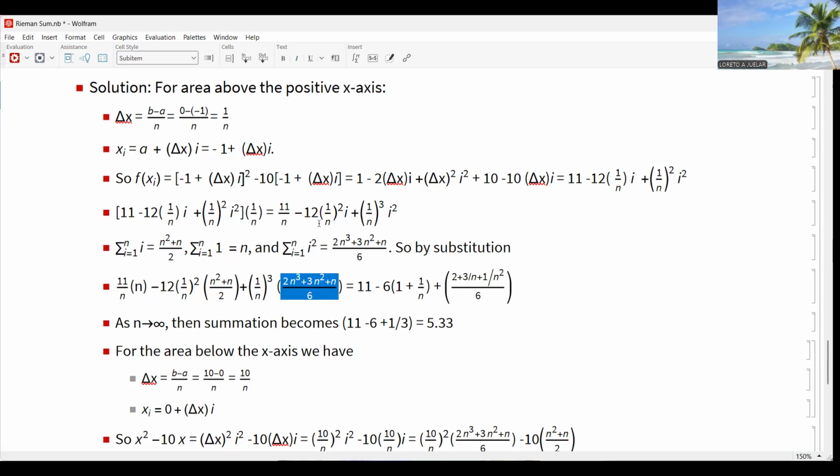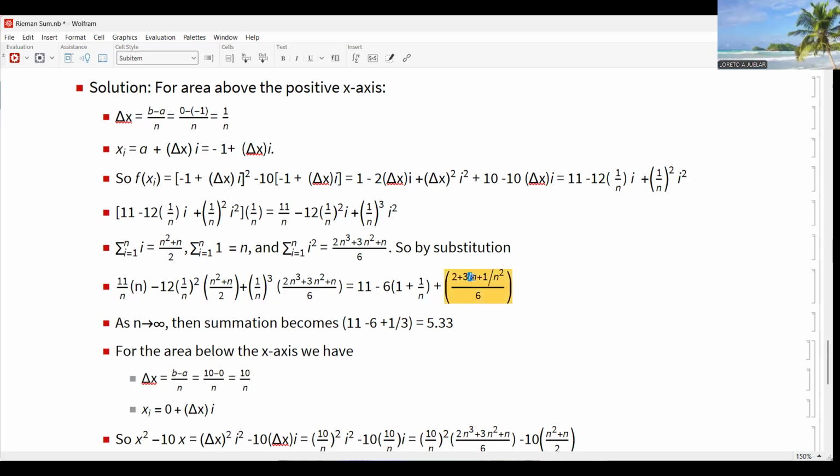From the third term here, okay, then cancel the n squared, the n cubed here, 1 over n cubed, 1 over n squared. So by simplification, we have this. But this one, as n approaches infinity, becomes 0.